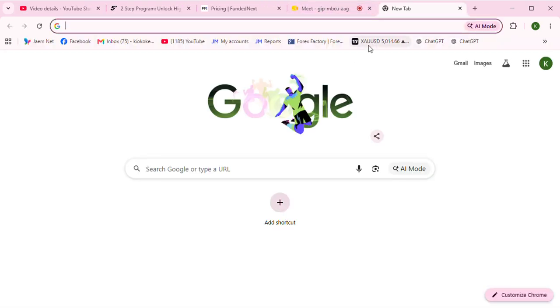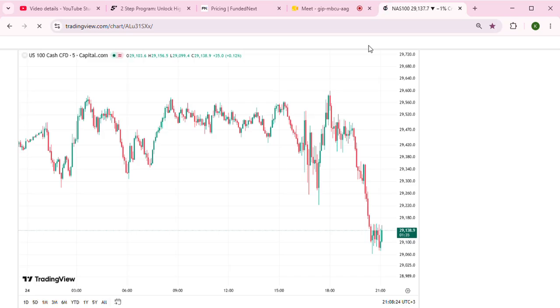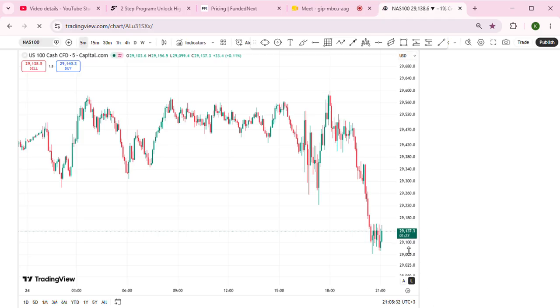Remember the other day I told you about the platform we use for analysis, which is TradingView, and also a few things on TradingView. In most cases, this is how your chart will be looking like.